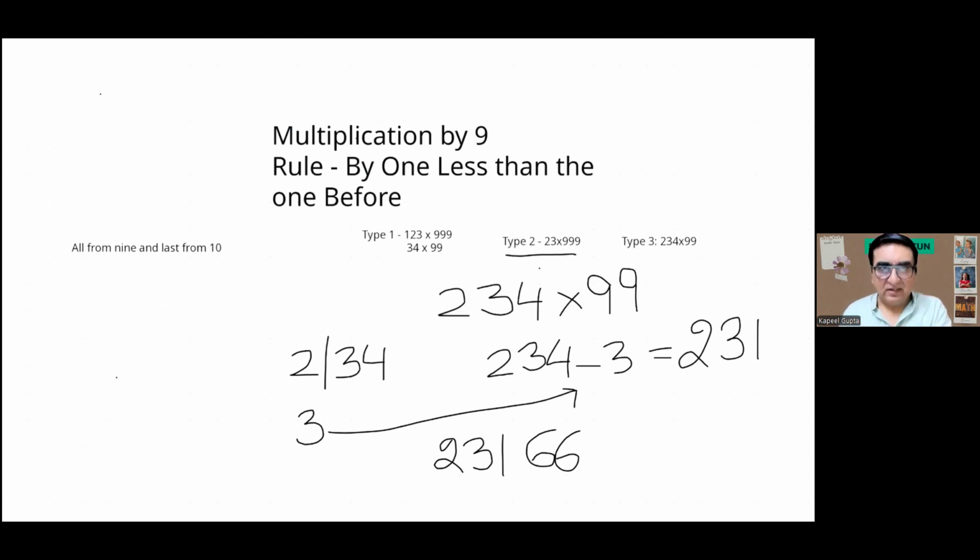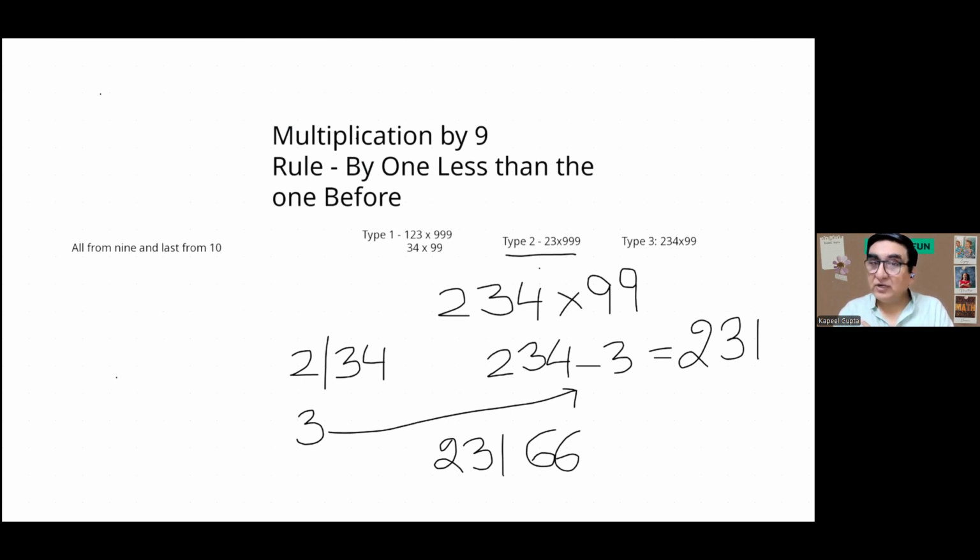I repeat, I broke the number into two parts, 2 slash 34. Why I did that? Because I wanted a two digit number on the right side. So 34 is a two digit number and 99. Then what I did with 2, I added 1 to 2, so it became 3. Then I subtracted this 3 from the original multiplicand, that is 234.